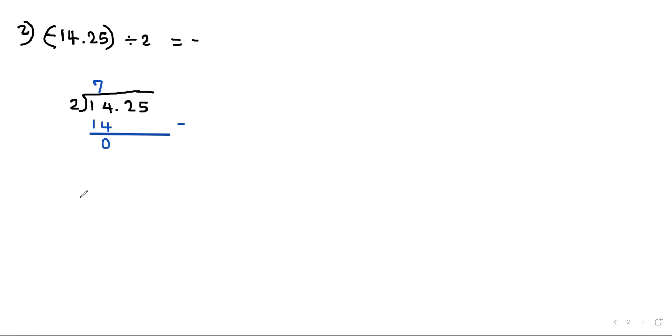Now at this stage, we are going to cross this decimal to pick 2. But before we use this 2, we need to write the decimal point. Is that okay? Is that okay, everyone?